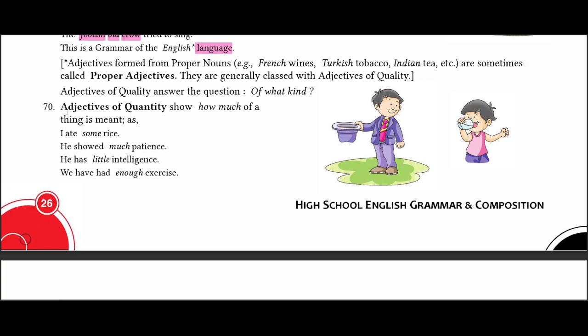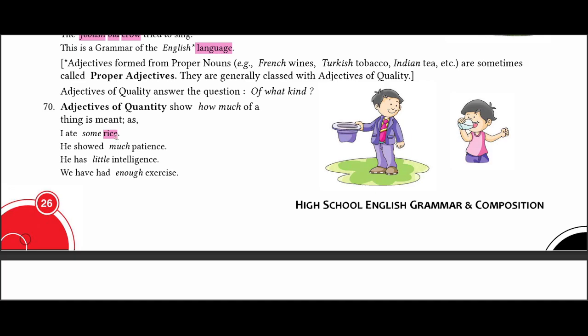Now look at these words. The second, adjectives of quantity. I ate some rice. Rice is a noun. And this word some, obviously it is an adjective, but what is it doing here in this sentence? It is telling the quantity of rice.